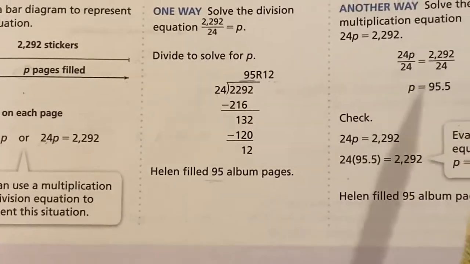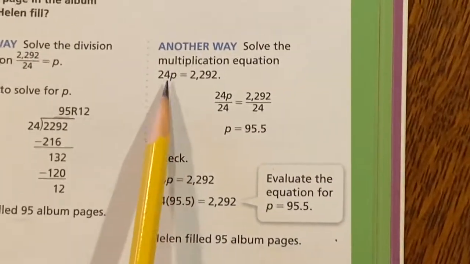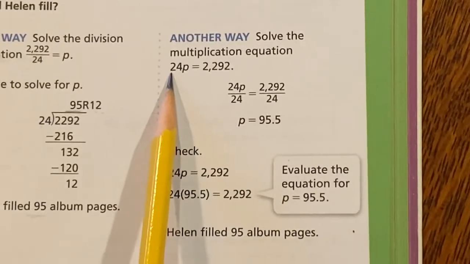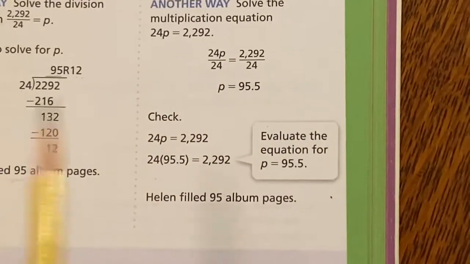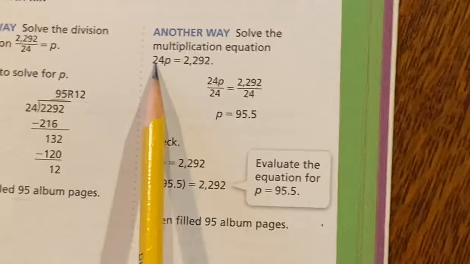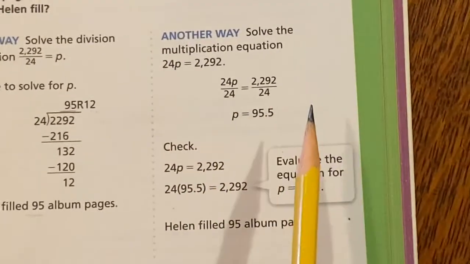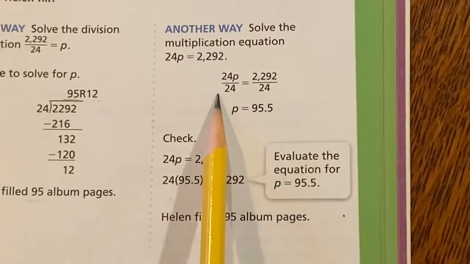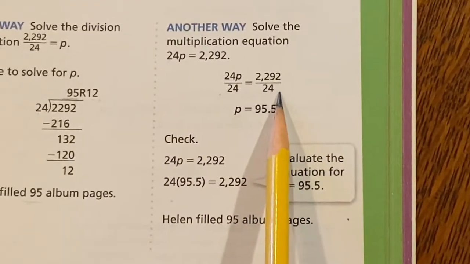Another way to do it is to solve it with the multiplication. So this time you've got 24 times p equals 2,292. And because you started out with multiplication, 24 times p, you're going to divide to solve it. So 24p divided by 24, and then 2,292 divided by 24.